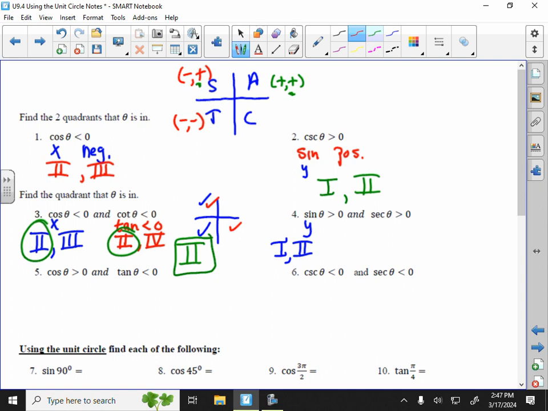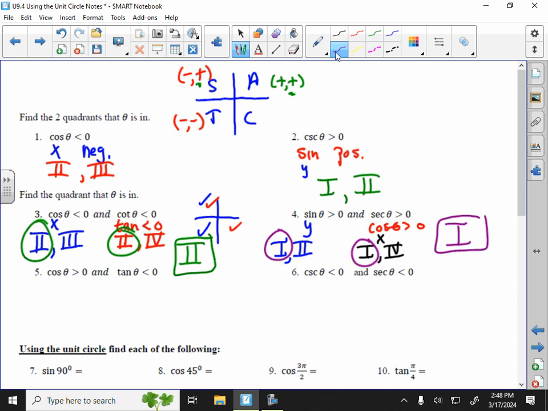Well, let's do the reciprocal of secant, which is the cosine. When is the cosine, which is x, greater than 0? That's positive. According to ASTC, we know cosine is positive in quadrant 1 and in 4. So one quadrant repeats, and that is quadrant 1. So quadrant 1 is the answer.